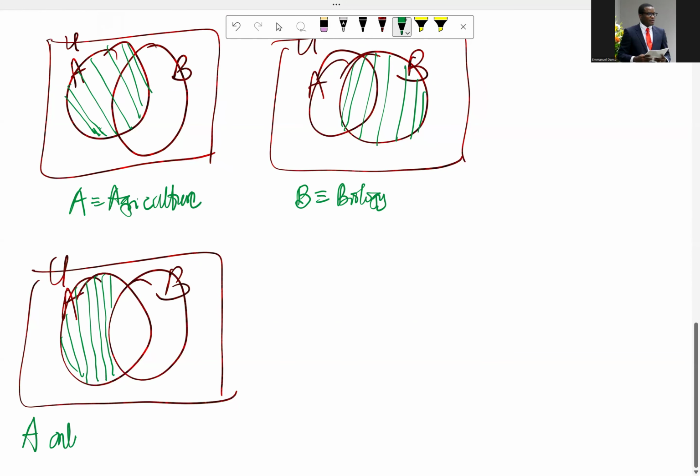This is A only. I shouldn't bother writing this out so I don't waste time. So this is actually A only. Now if you look at this, these are the students that study agric.